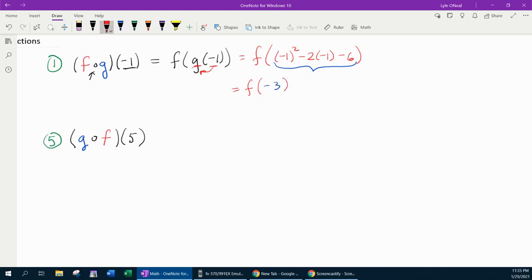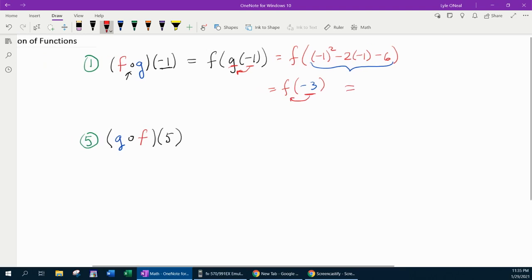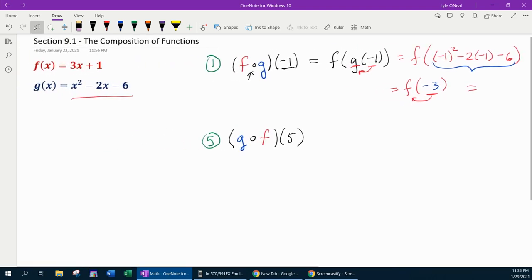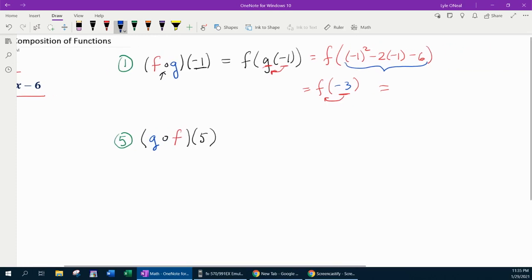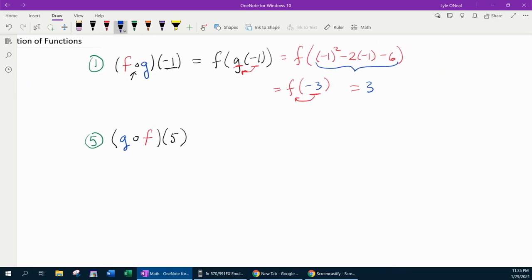Okay, and then what we're going to do is take the negative 3 and plug it into f. And what is that going to look like? Well, now if I go to f of x, which is 3x plus 1, and I replace the x with negative 3, that's going to be 3 times negative 3 plus 1.